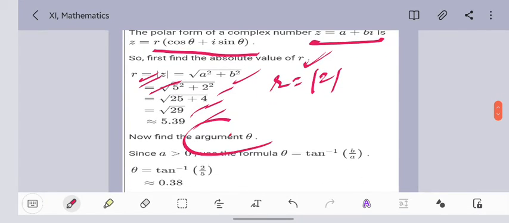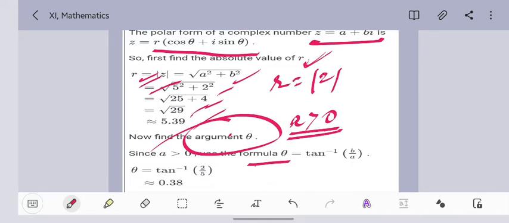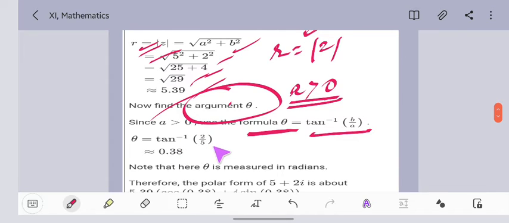Now find the argument theta. Since a is more than 0, the formula for theta is tan inverse of b by a. So theta is tan inverse of 2 by 5. You can obtain the value of tan inverse of 2 by 5 from the trigonometric table, which is near about 0.38.